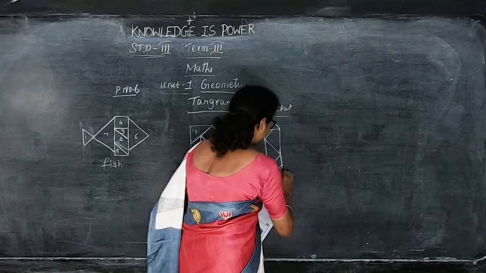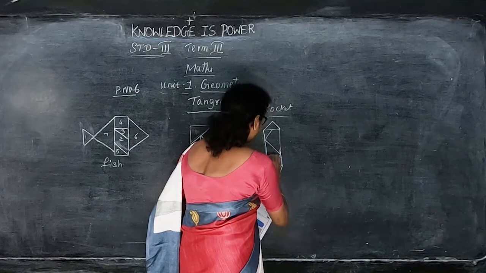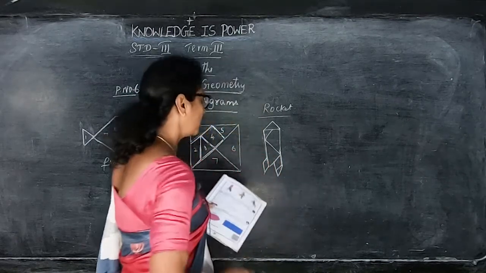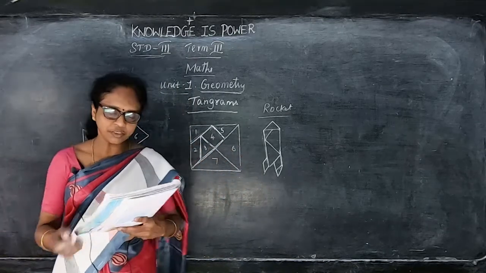So this will become a rocket. Here the diamond-like piece is there, so this will be the rocket. So like this you have to cut the shapes, and then draw using the 5 pieces.